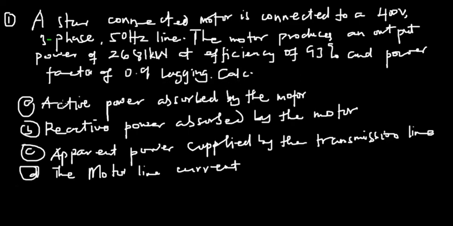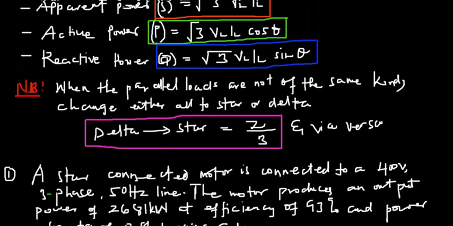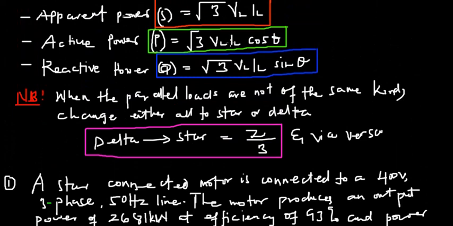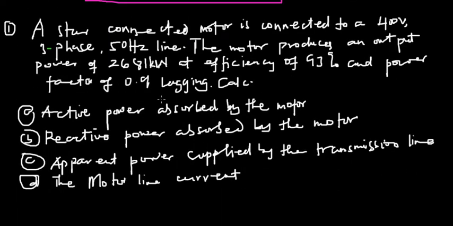Calculate the active power absorbed by the motor. From here you won't be using the line active power formula, because you are not asked to calculate for line. You are just calculating the active power.